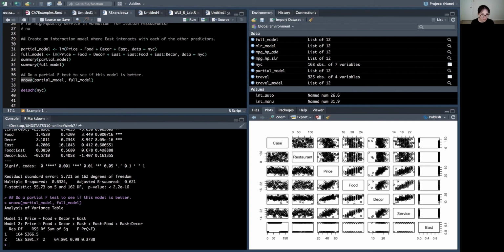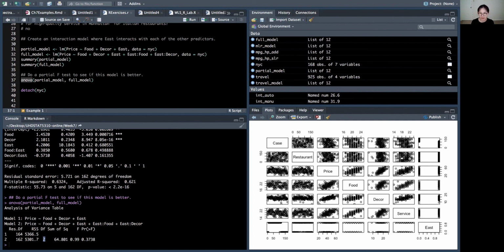So it will give you the residual sum of squares and the degrees of freedom.